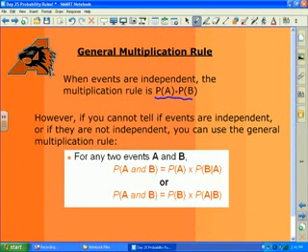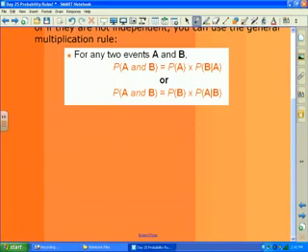Well, when they are independent, it's just probability of A times the probability of B. But if you cannot tell that they're independent and you haven't done an independence check, which we're going to learn about, then you have this. For any two events, probability of A and B is the probability of A, and not times the probability of B, but the probability of B given that A happened.